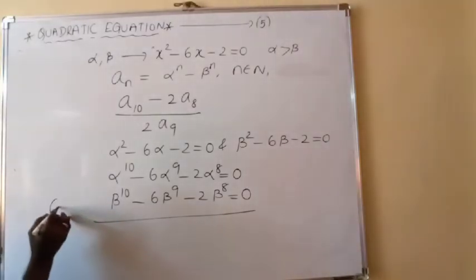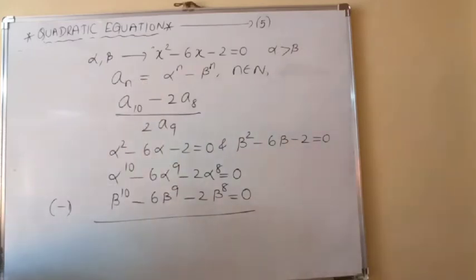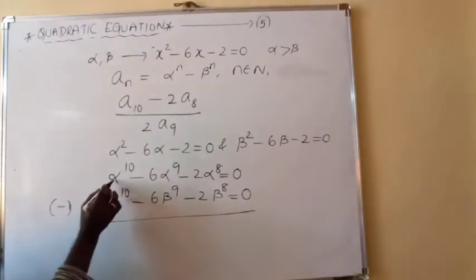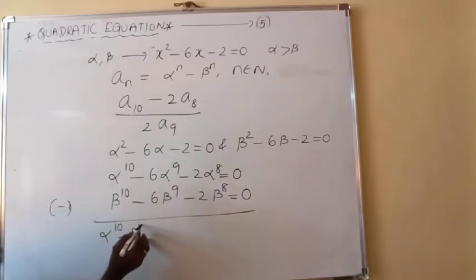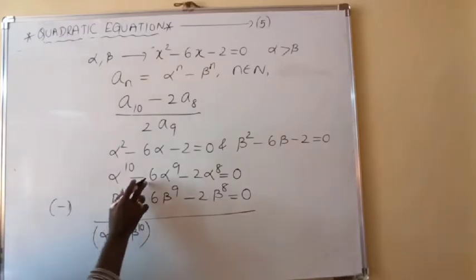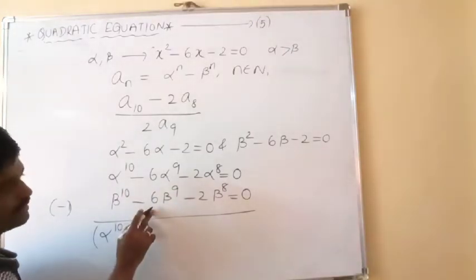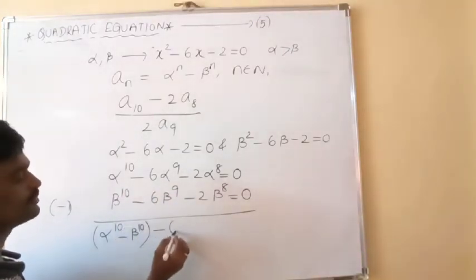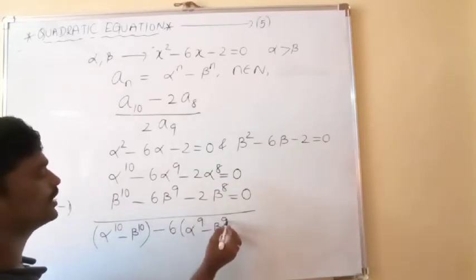So subtract, because here a10 is alpha power 10 minus beta power 10. On subtracting, we get alpha power 10 minus beta power 10, minus 6 alpha power 9, minus into minus, plus 6 into beta power 9. In both terms, if I take minus 6 common, we get alpha power 9 minus beta power 9.